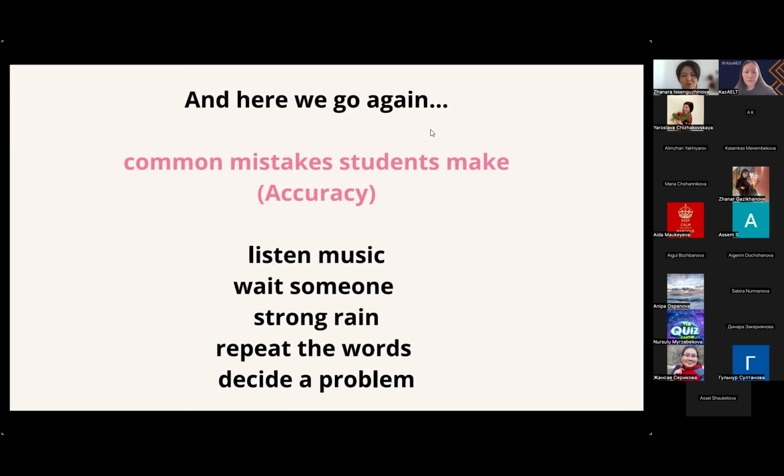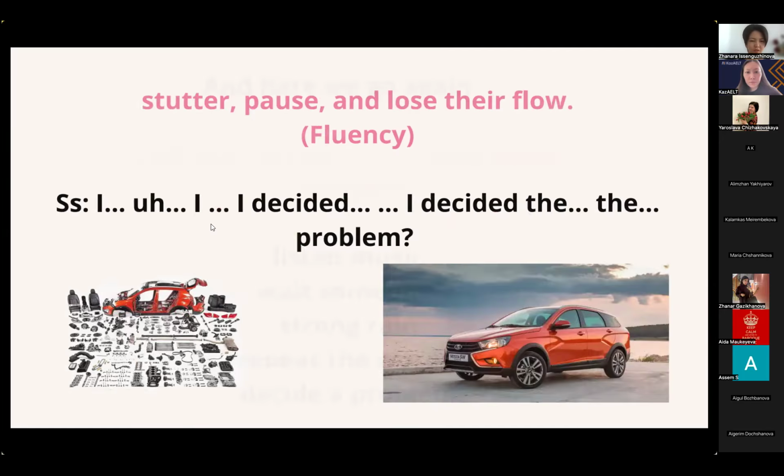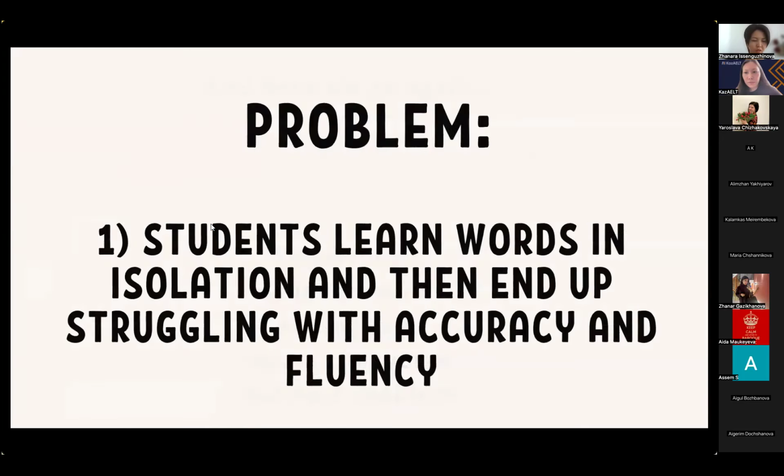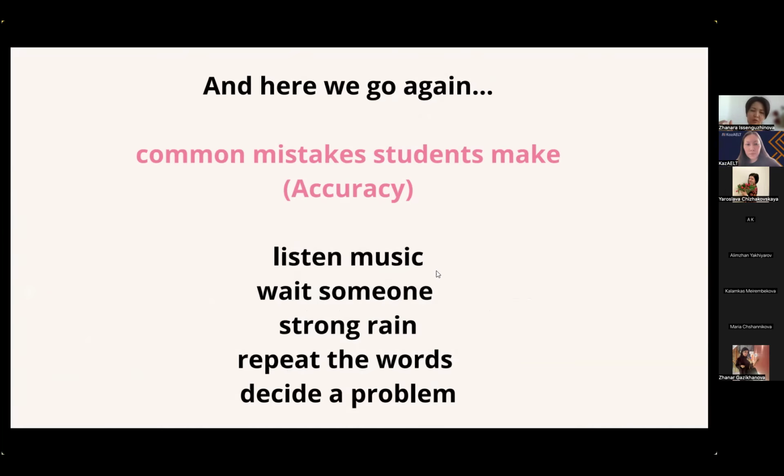Common mistakes students make: imagine you learned listen and music separately, and then you keep saying listen music, wait someone without a dependent preposition, strong rain as a word-for-word translation of сильный дождь, because we know strong is сильный, rain is дождь.